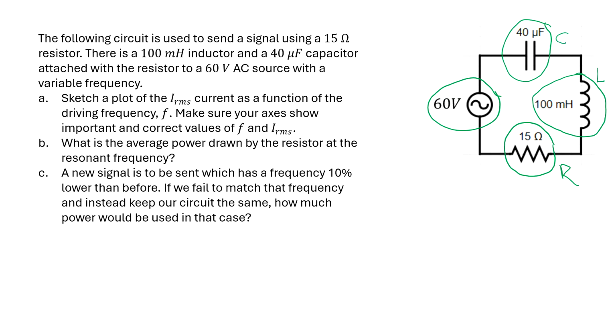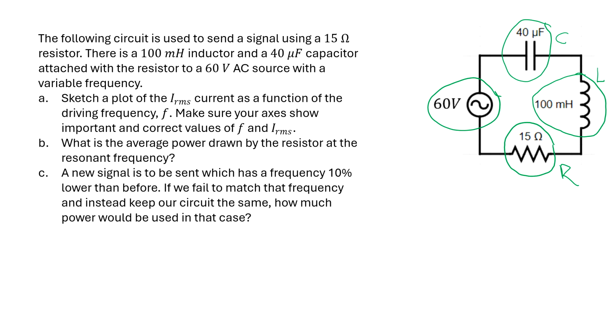So let's read the problem a bit. The following circuit is used to send a signal using a 15 ohm resistor. There is a 100 millihenry inductor and a 40 microfarad capacitor attached with the resistor to a 60 volt AC source with a variable frequency. When we read something like that, we got to make sure we're in our head highlighting the keys here.